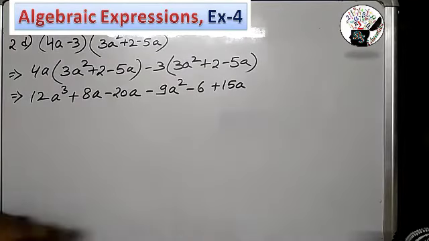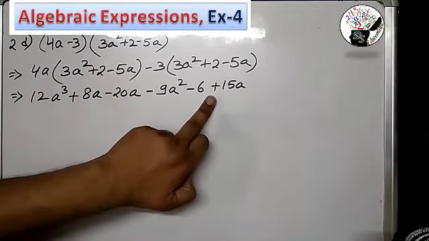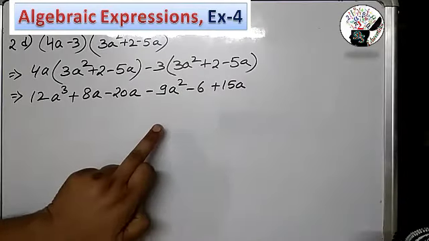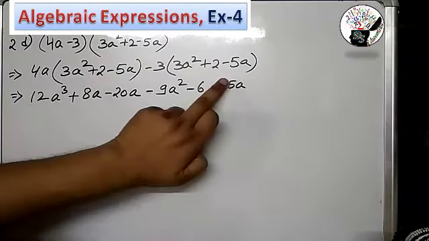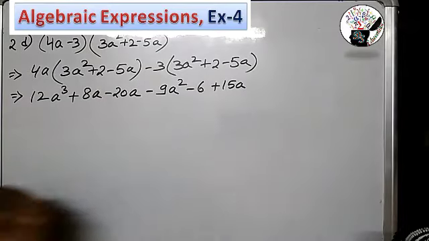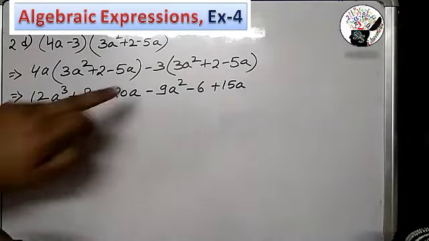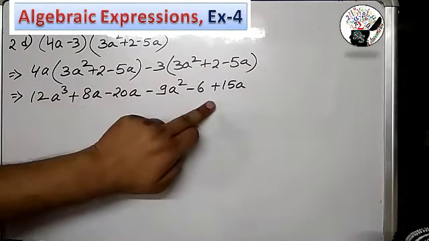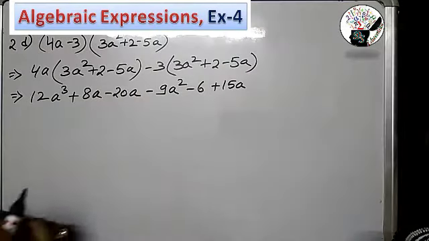Children, always remember that first you have to write the sign and then you have to multiply. Many times students multiply and then write the same sign and make a silly mistake over it. First you have to set the sign after multiplication.